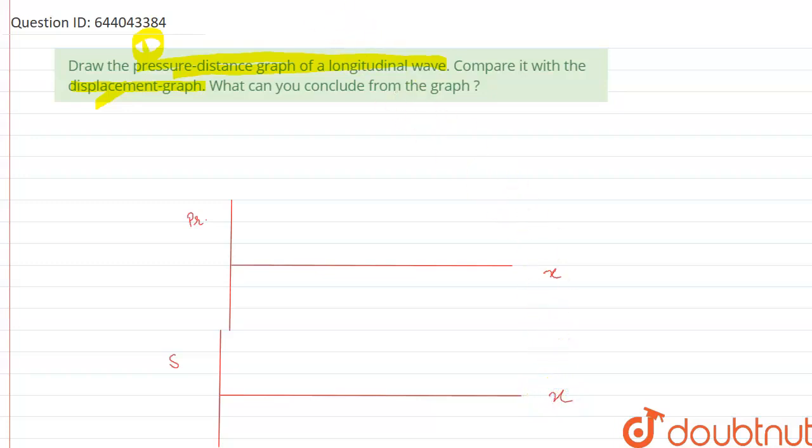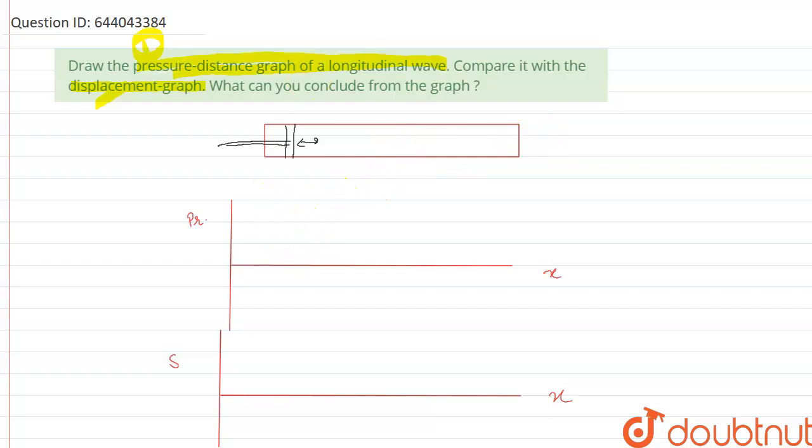Okay, so suppose there is a cylinder where a piston is attached, and it is moving to and fro. So the particles will be moving accordingly.